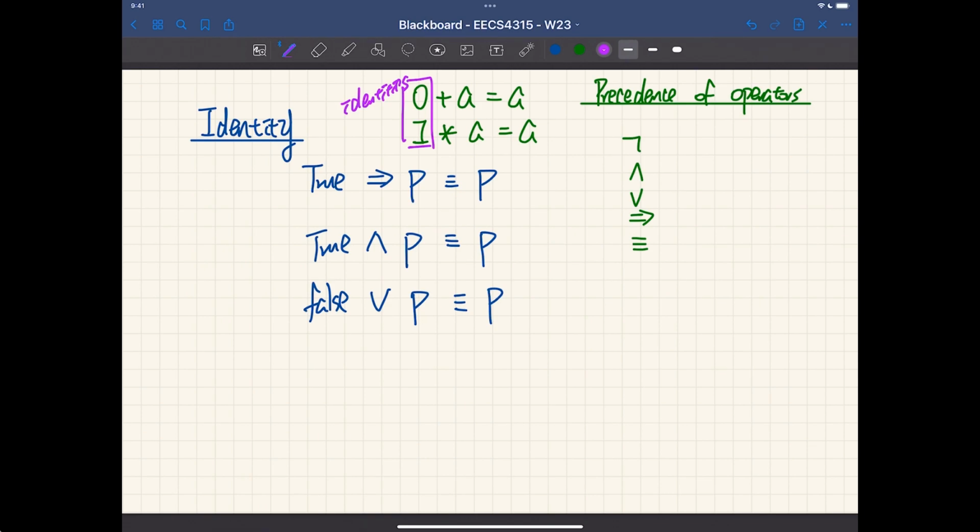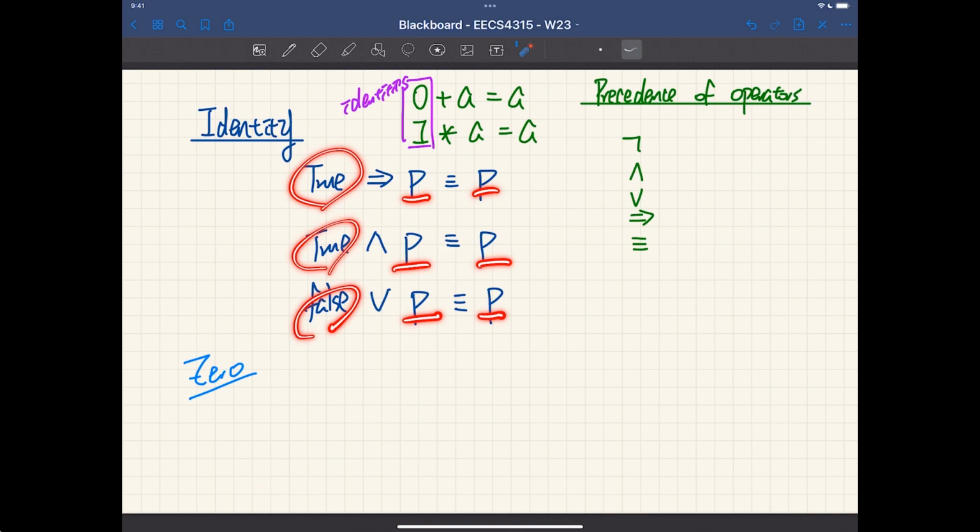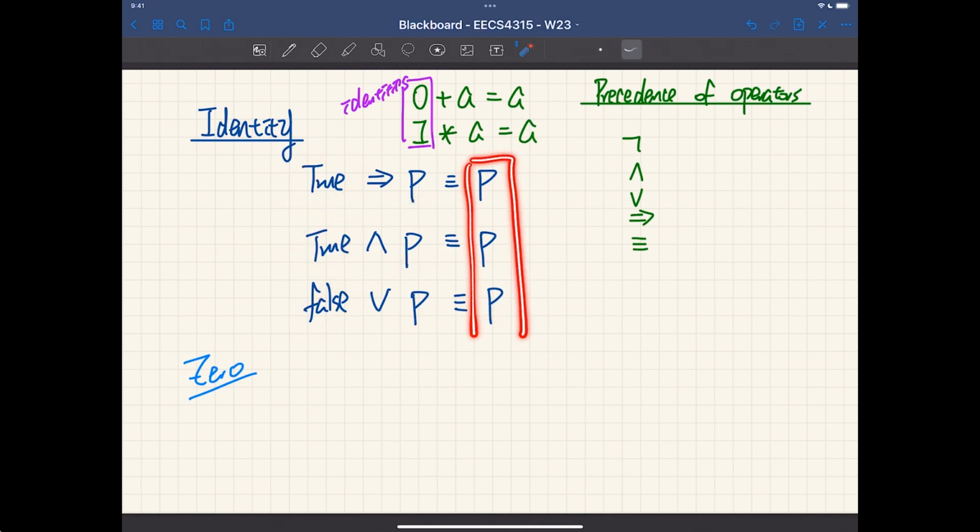And besides identity, we also want to talk about the 0 property. I'll put 0 property over here. In the case of identity, we want to find these elements which make the original predicate on the right-hand side just become itself. But now, we want the right-hand side to be some fixed Boolean constant.